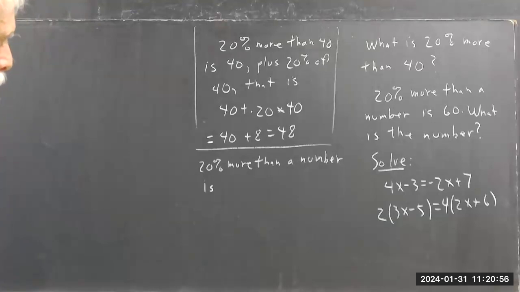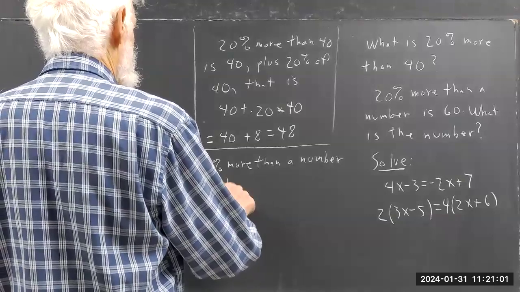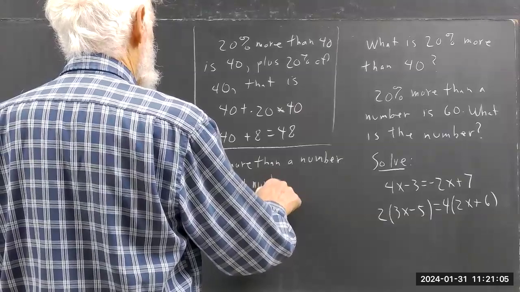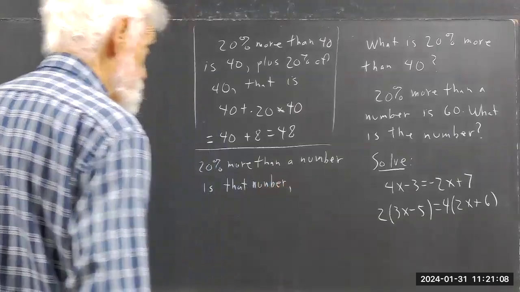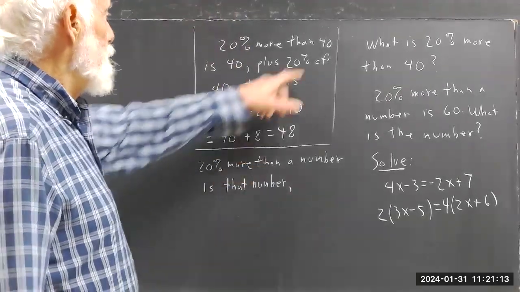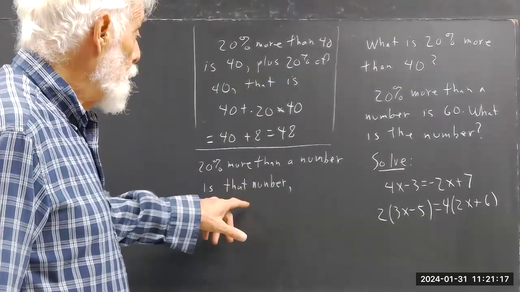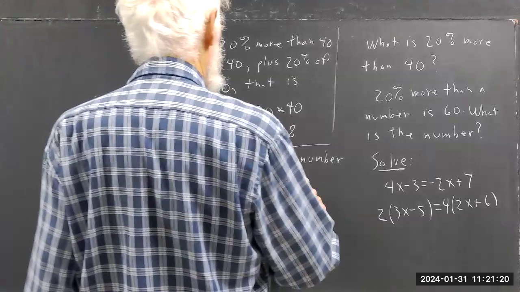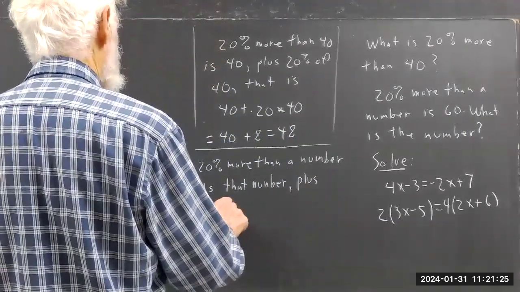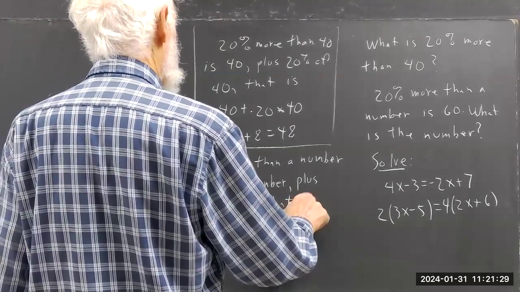20% more than a number is, I would say, that number is mimicking what we did here. We can't say 40, we don't know what the number is, right? So say 20% more than that number plus 20% of that number.